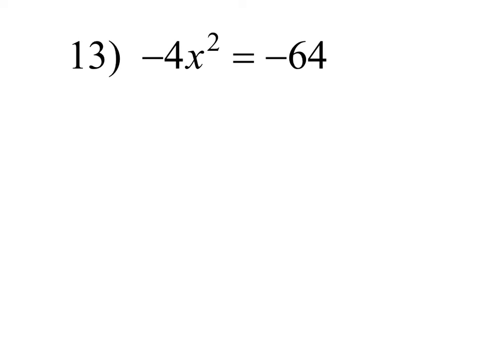Brandon Torres, what do we do for this one? Just remember, our goal is to get x squared all by itself, and then we can take the square root. So how do we get x squared all by itself? Divide by negative 4.